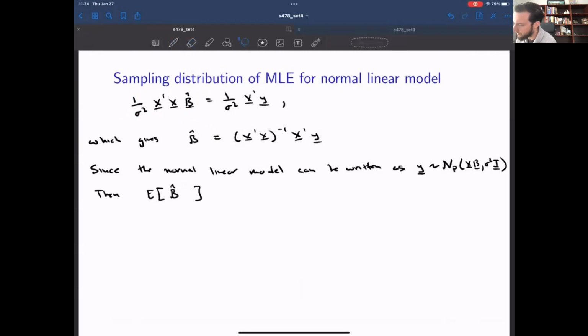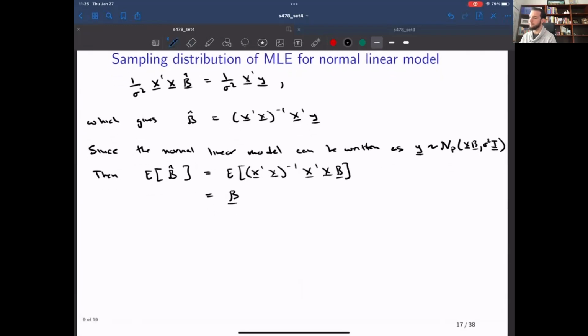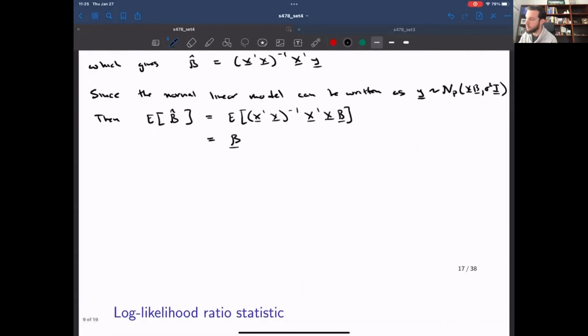So then we have the expected value of β̂ is equal to the expected value of (X^T X)^{-1} X^T X β, which is equal to β, which is what we would have expected.